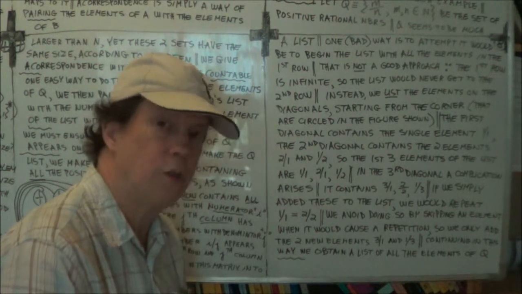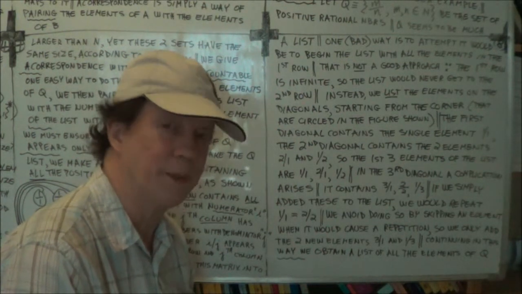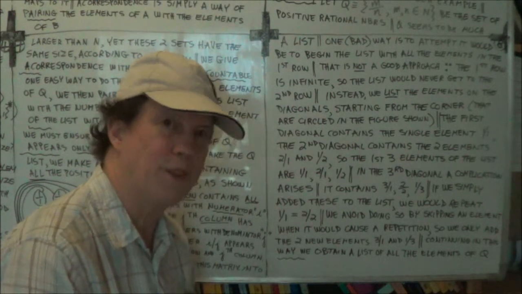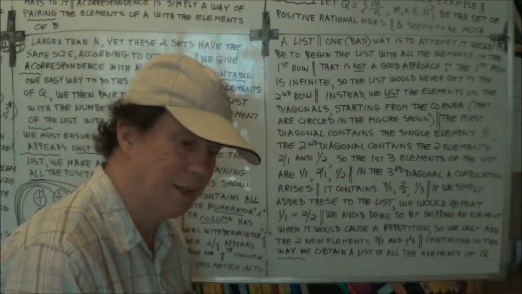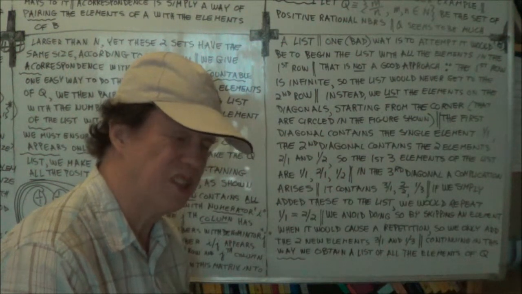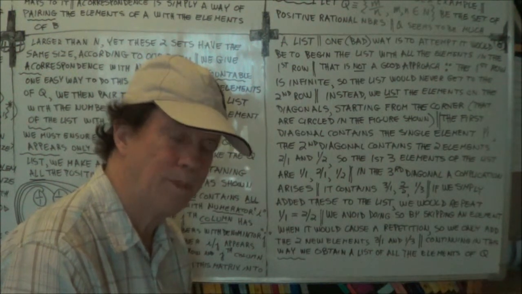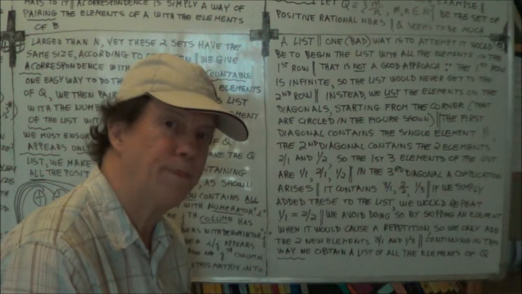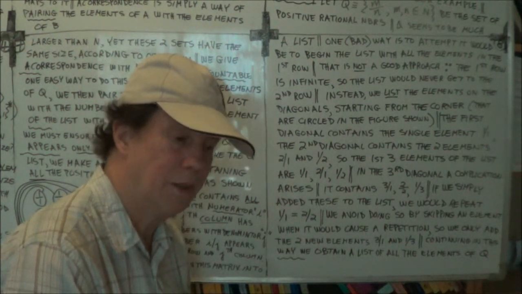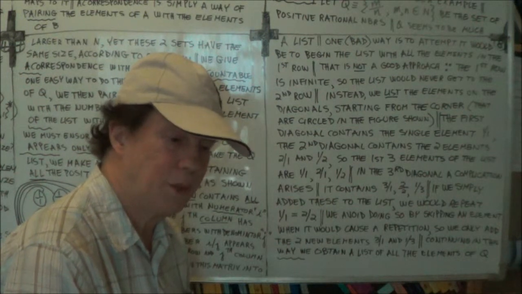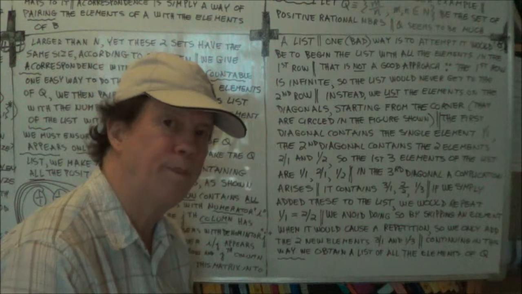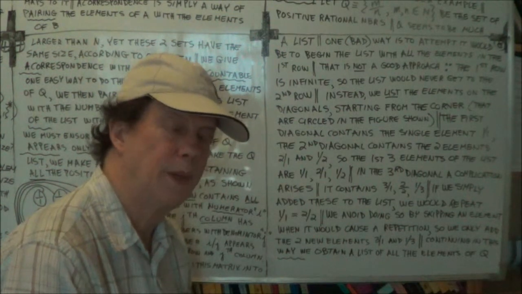This knowledge that Q is countable will become a vital stepping stone to further steps in the diagonalization argument of Cantor. And then Turing later used that argument to show that the halting problem is not solvable.